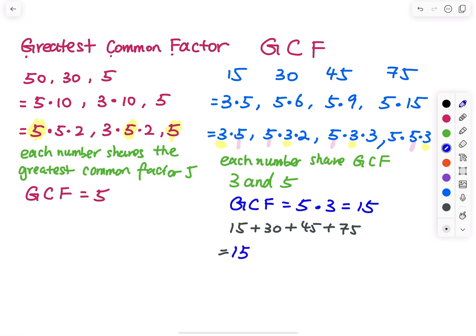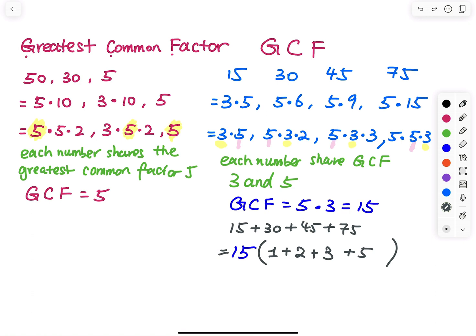I can factor out 15, and then what is inside the parenthesis? 15 factored out leaves a 1, and then 15 times 2 is 30, 15 times 3 is 45, and 15 times 5 is 75. That's the greatest common factor. So whether you add, subtract, or multiply, the biggest you can factor out from these 4 numbers is 15. That's what I mean by GCF.